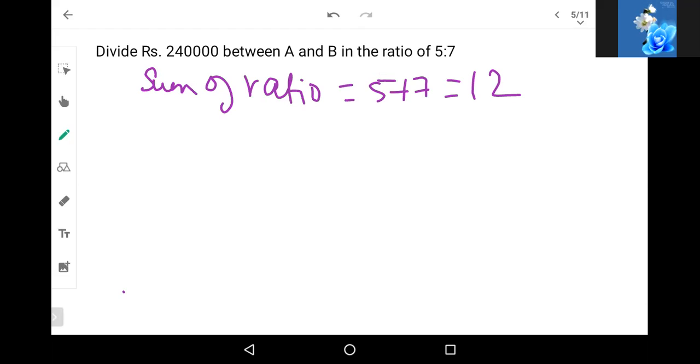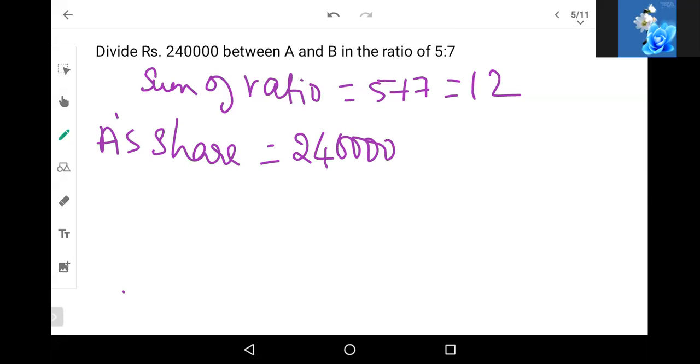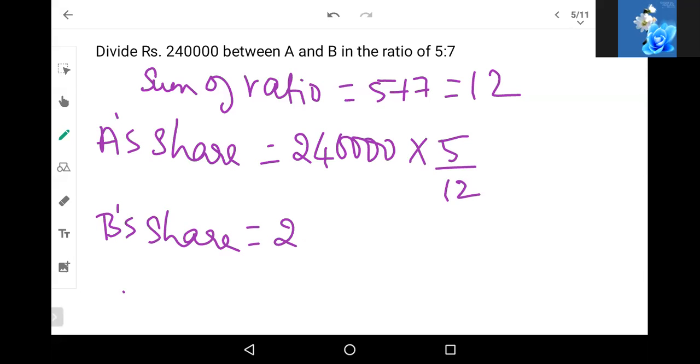1 lakh is to 1,40,000. You just have to say A's share and B's share. Okay, instead of giving it in the ratio, just say it in the way of share. So A's share is equal to 2,40,000 into 5 divided by 12, and B's share is equal to 2,40,000 into 7 by 12.